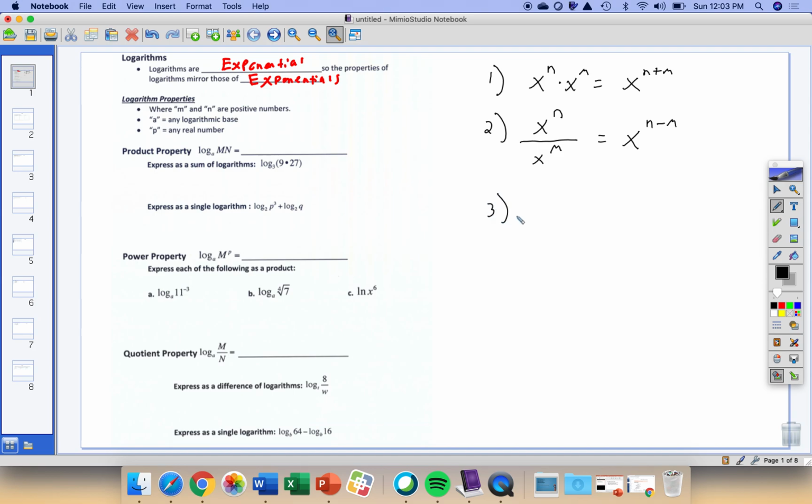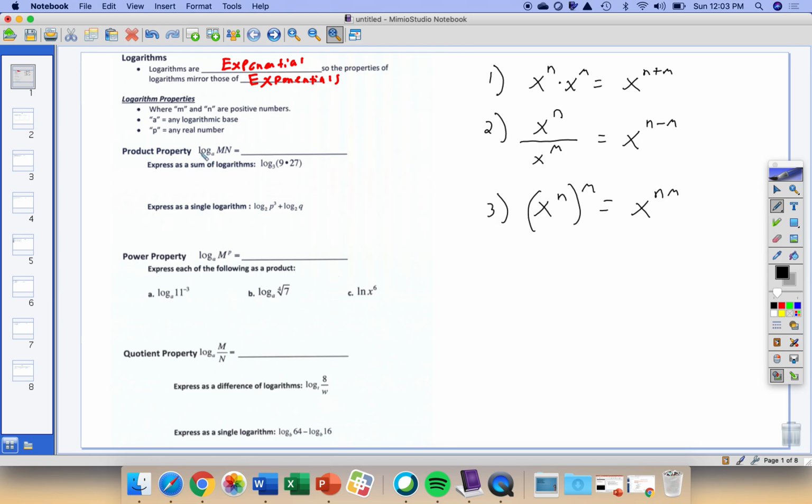And if I have a number raised to a power all raised to another power, I can multiply my exponents. Those are three of my exponential rules. So the rules we're going to look at today for logarithms are going to mimic these exponential rules.